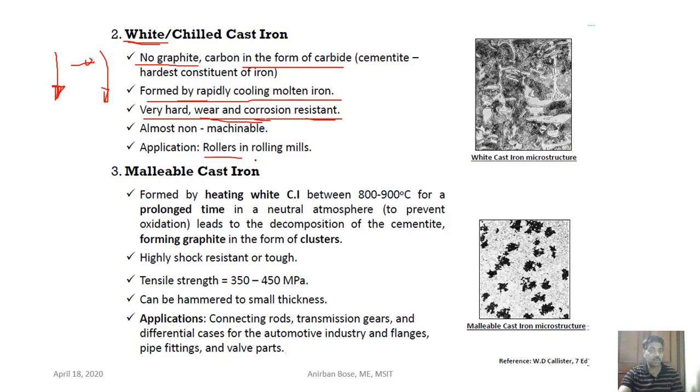So they have to be very hard, and their shape should not change. That is why they should be made of very hard materials, and white cast irons are used in those rollers.